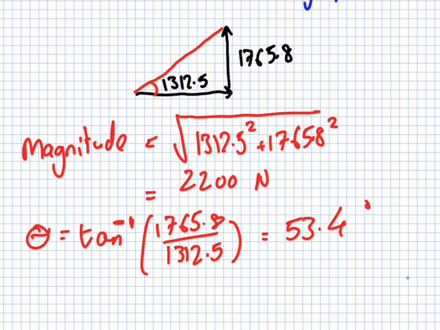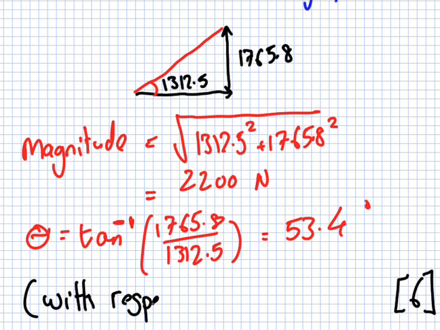Right, so we got for this question 6 marks. 53.4 above the ground, or with respect to the ground, we'll say. It's measured up from the ground.